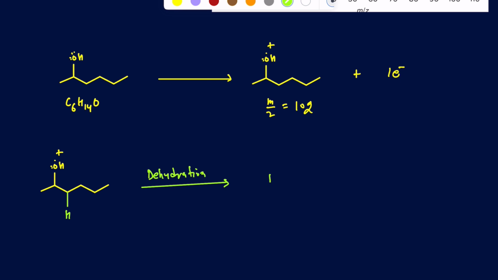When this undergoes dehydration, it makes a radical cation again, and that radical cation would actually have a double bond, and it would have one electron left when you count all the electrons, and it would have a plus charge left behind.